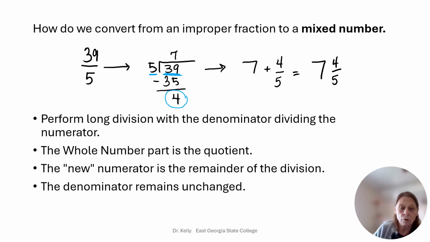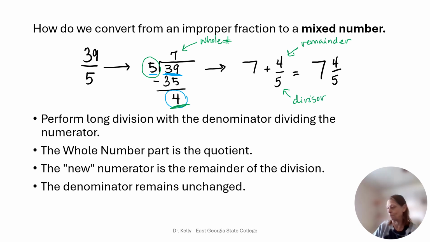The quotient is the whole number, and then the remainder over the divisor is the fraction part.